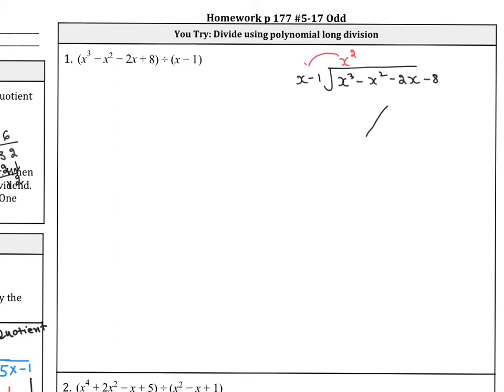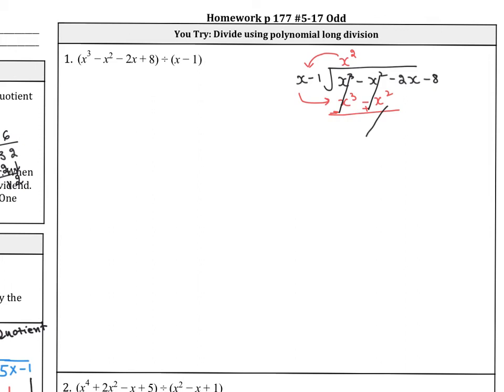You multiply with this one and then write the result here. So x squared times x is x cubed minus x squared. Now you're going to change the sign. So this sign would be negative and this one would be positive. You can cancel these two because you have the same and opposite. x squared and negative x squared cancel as well.